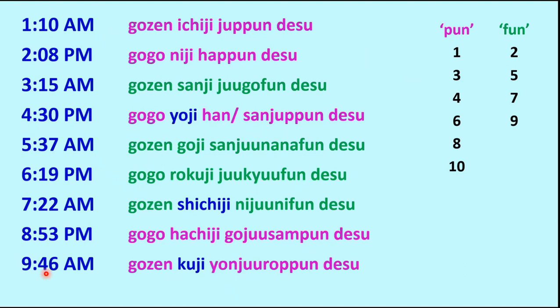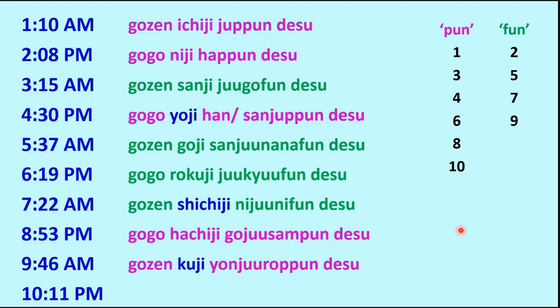In terms of normal numerals, 46 is Yonju Roku, as we learned during our lesson of numerals and counting. But when it is expressed in terms of minute counter, it becomes Yonju Roppun desu. Gozen Kuji Yonju Roppun desu.